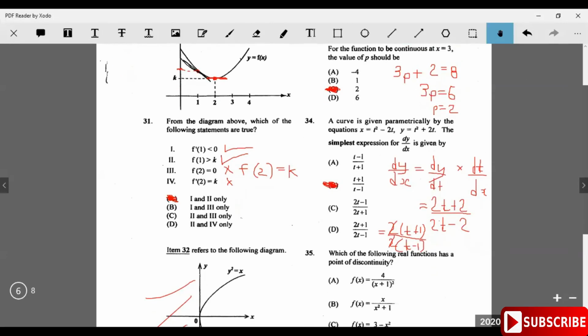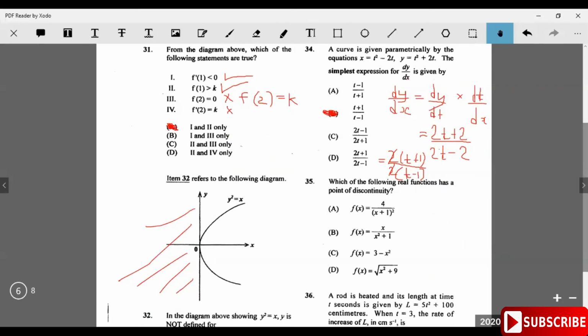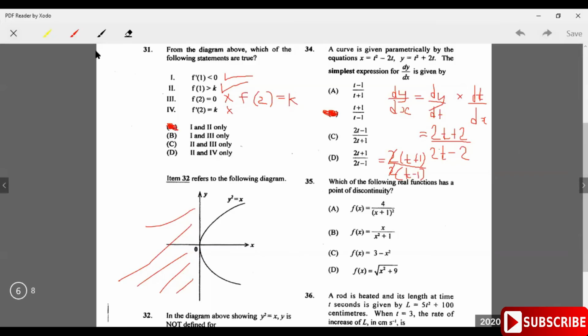Question 35. Question 35 is asking, which of the following functions has a point of discontinuity? To find where a function has a point of discontinuity, you set the denominator equal to 0. And so in option A, we set (x plus 1) squared equal to 0.